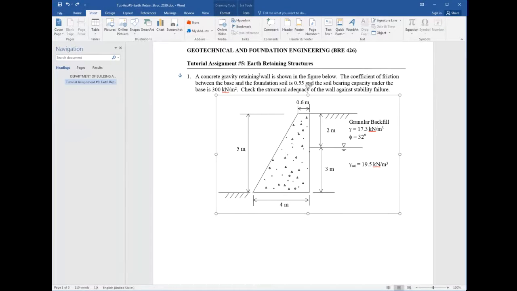There's a groundwater table 3 meters deep behind the retaining wall, the coefficient of friction between the base and the soil is 0.55, and the maximum soil bearing capacity is 300 kPa. That is a typical figure for Hong Kong, particularly adopted by the Highways Department. The bearing capacity should be about 300 kPa. Now, first of all, you have to work out the pressure distribution behind the retaining wall.